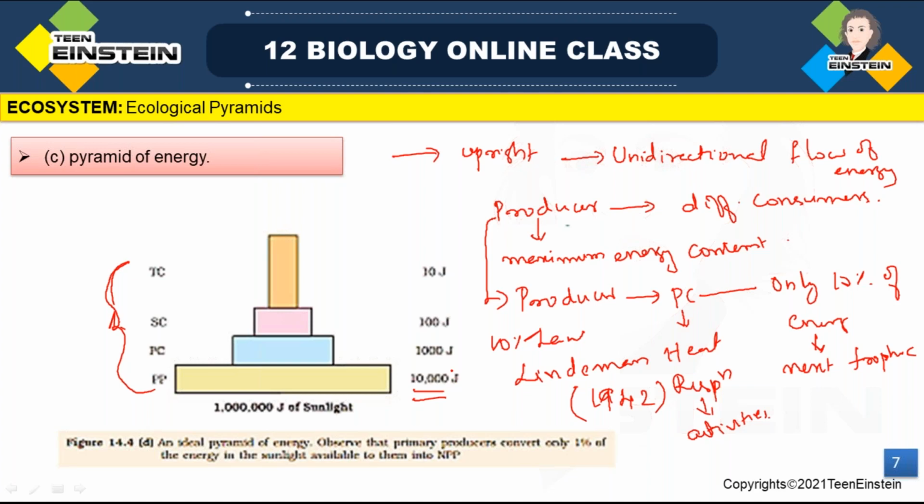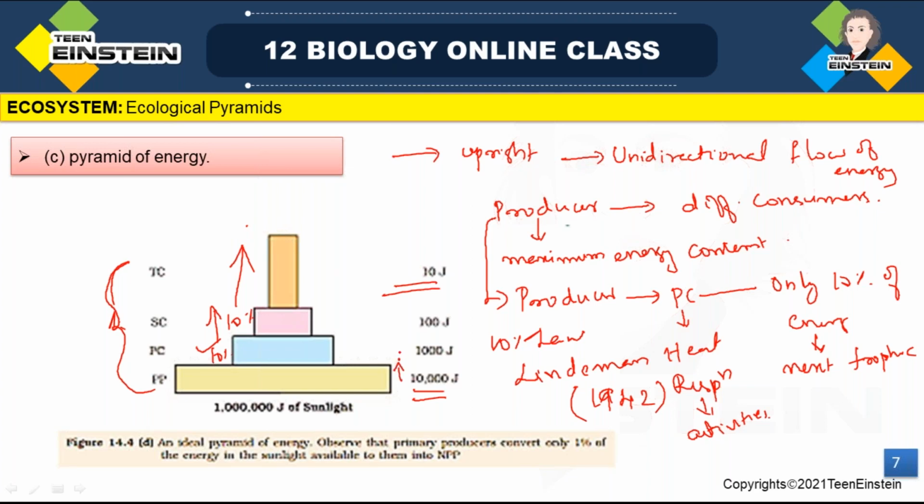When this energy is moving to primary consumers, only 10% is moving. And from there, when it is moving to secondary consumers, there also it is receiving only 10%. And when it is received by the tertiary consumers, here also you can see only 10%.